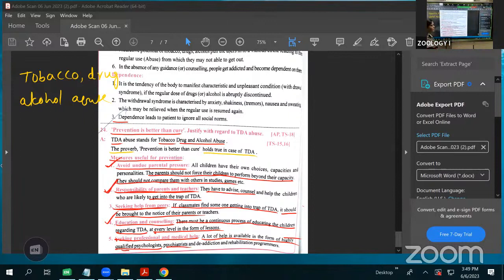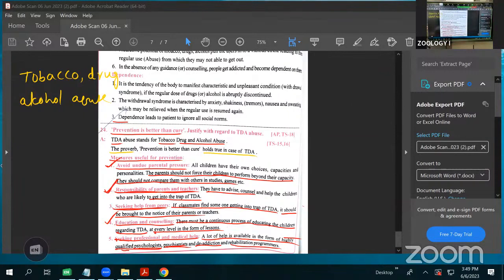Psychologists and psychiatrists are available to change the mood, meaning to change mentally. These highly qualified professionals are there to give guidelines and help. And also de-addiction and rehabilitation programs are conducted.